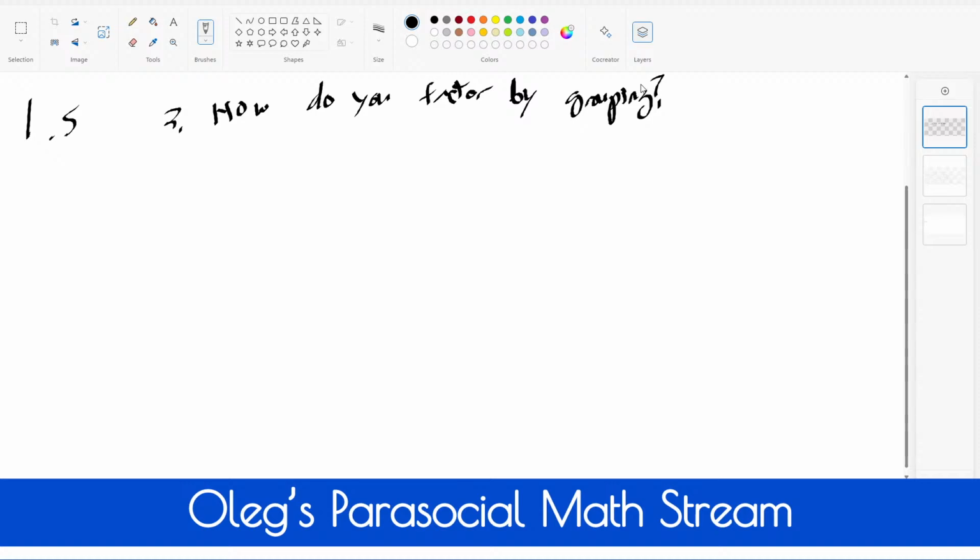Okay, here we go. To factor a trinomial, we're just going to write the formula: ax squared plus bx plus c. We want to know the product of a times c, and then we want to know the sum for b.